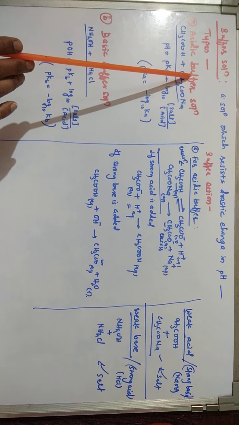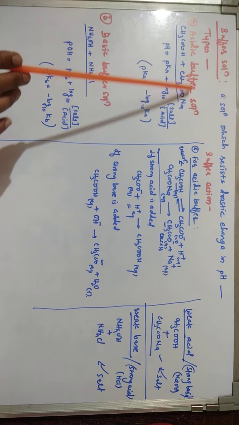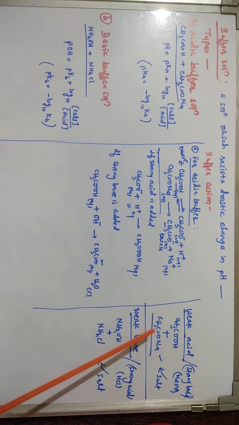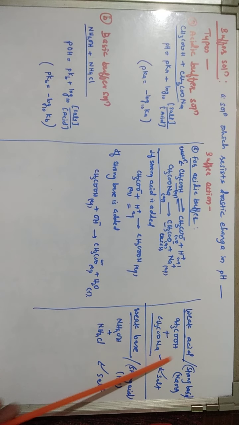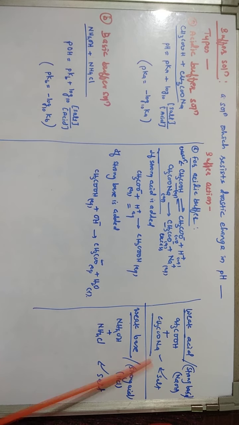One is acidic buffer solution, another is basic buffer solution. Now what is an acidic buffer solution? Initially I said, the combination of these two is called an acidic buffer solution. How can you define an acidic buffer?